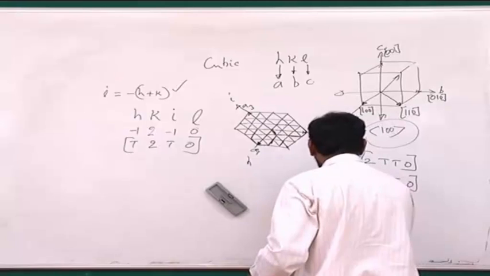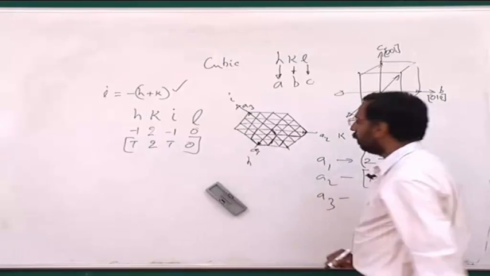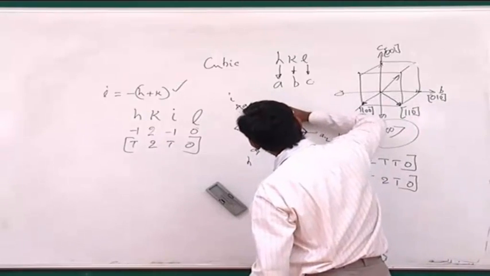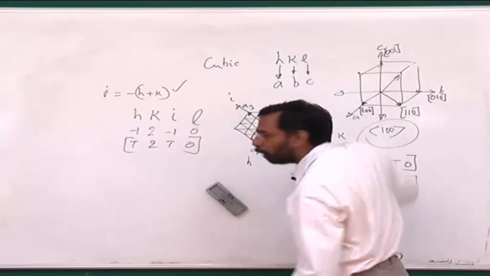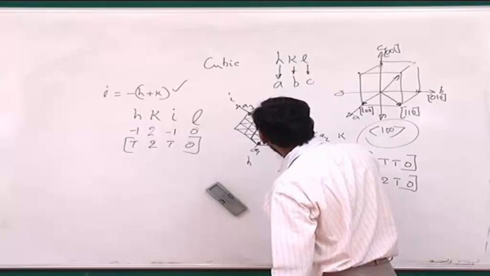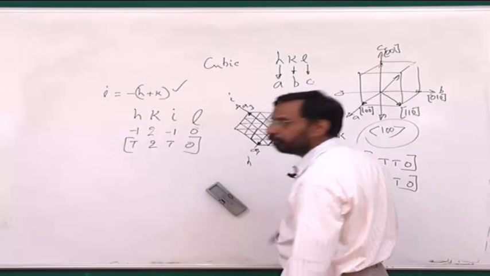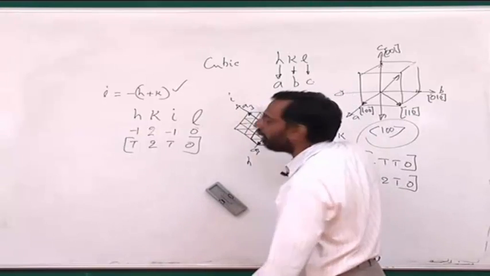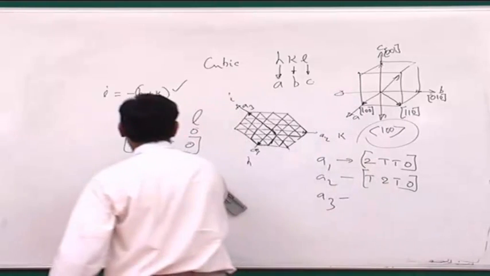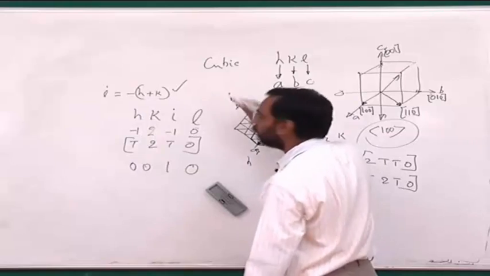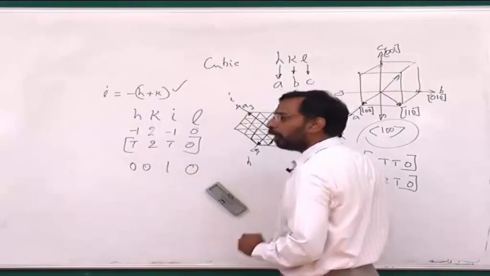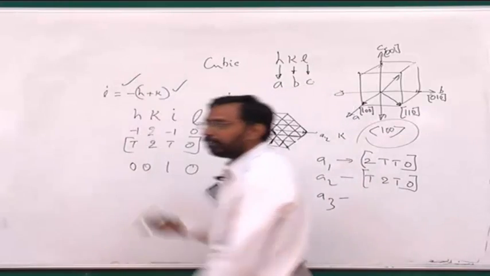So now let me take A3. A3 is this. So that means I have to start from here and reach here. You may say, sir, why are you going by a roundabout way? Why can't I straight away call this something like 0, 0, 1, 0? For example, A3: if I say 0, 0, 1, 0, this condition is not being satisfied.